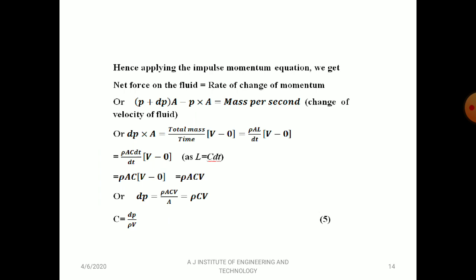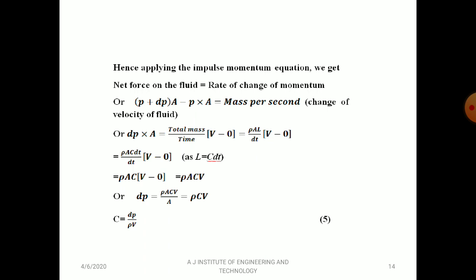So the net force acting on the fluid is final minus initial. The final pressure force is P plus dP into A minus PA, and that equals mass per second into change of velocity of the fluid, that is the rate of change of momentum. So dP into A equals mass divided by time into change of velocity of the fluid.